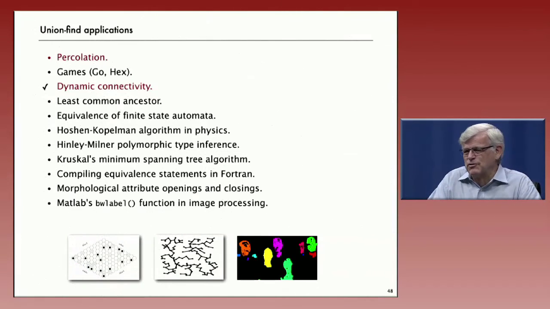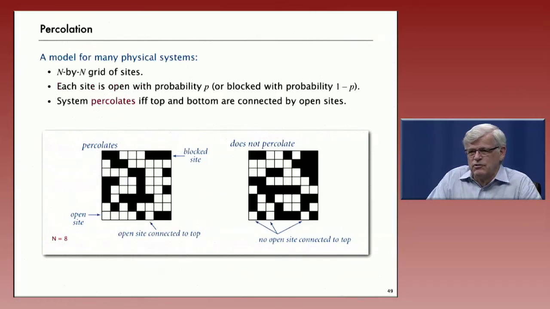Down at the bottom, one important one is in image processing for understanding how to label areas in images. We'll see later Kruskal's minimum spanning tree algorithm, which is a graph processing algorithm which uses union-find as a subroutine. There's algorithms in physics for understanding physical phenomena that we'll look at an example, and many others on this list. So the one we're going to talk about now is called percolation.